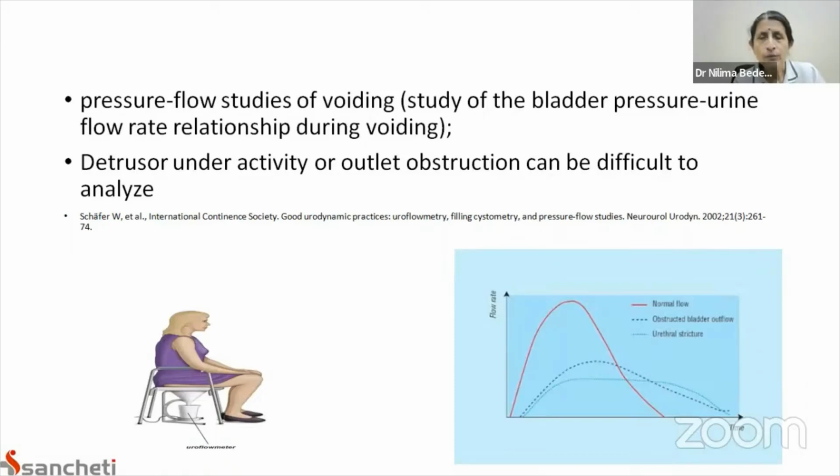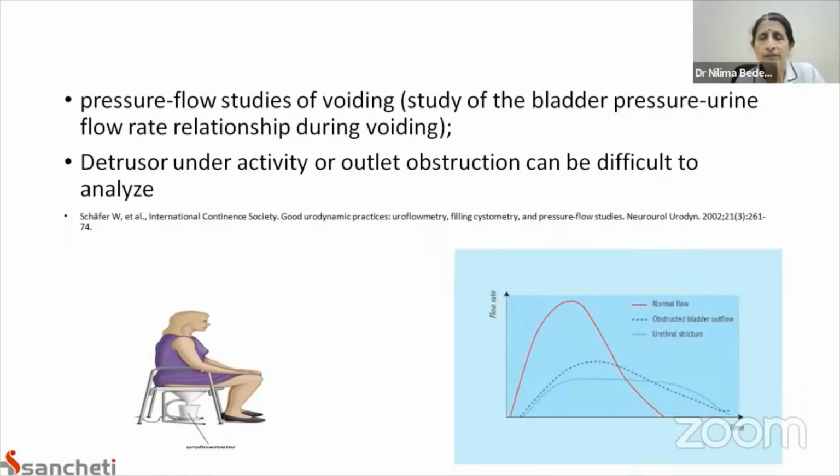So we get to know the compliance of the bladder very well when this test is done. We see how much the flow is and what the pressure and volume gradient are. So we understand how strongly the bladder is contracting, or whether it is very slow, and whether the urethra is not able to control, at times, the dyssynergia between the bladder and the urethra.